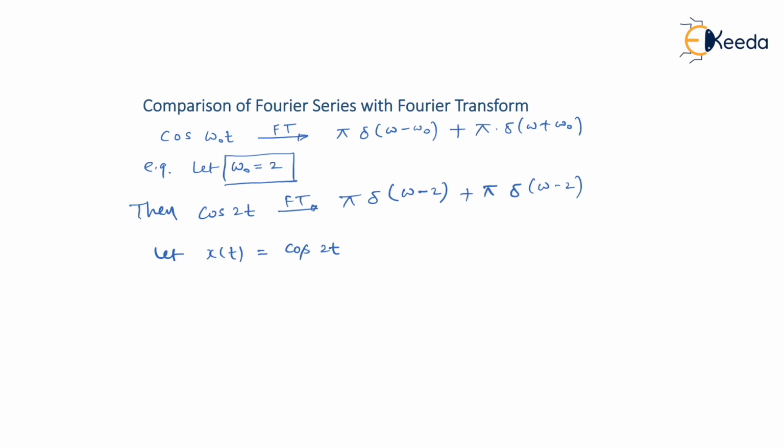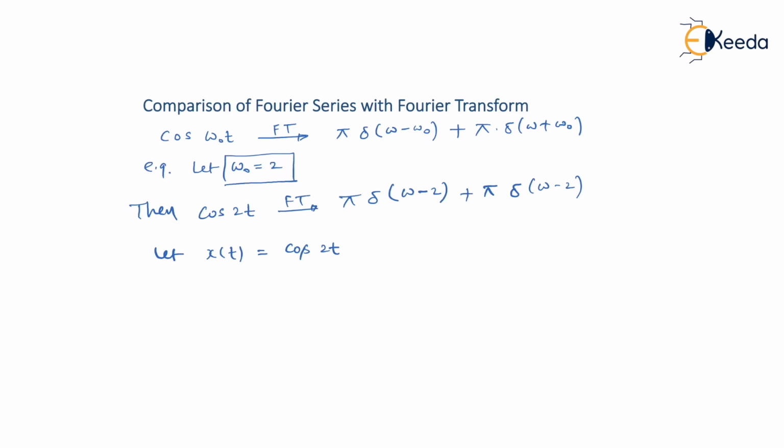So the answer is it is itself a Fourier series, because please don't forget, Fourier series is nothing but expressing any type of signal, whether it is sinusoidal, whether it is a cos signal, whether it is a square wave, whether it is a triangular wave. It has to be a periodic one. You express it in terms of sine and cos.